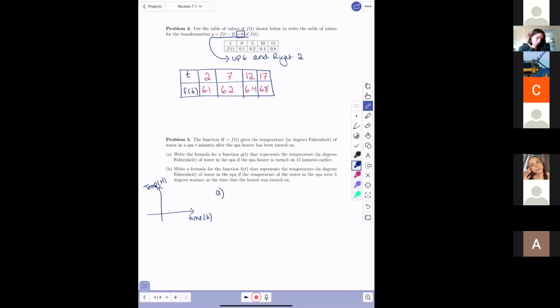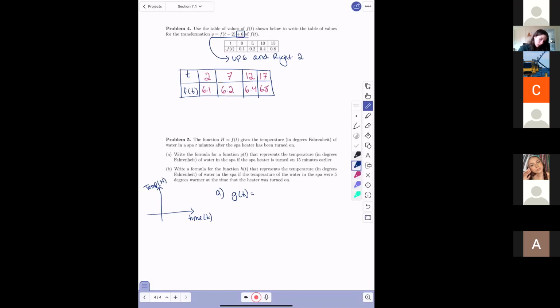So for A, we want to write the formula g of t that represents the temperature in degrees Fahrenheit of water in the spa if the spa heater is turned on 15 minutes earlier. So that means that our input is going to change because time is our input variable.